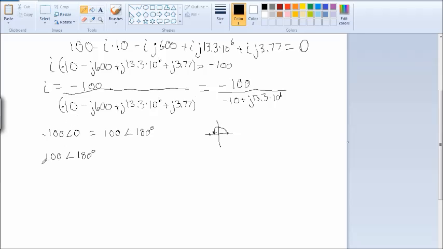And then the denominator, that's where we need to use those little vector diagrams, because this one will actually come into play.